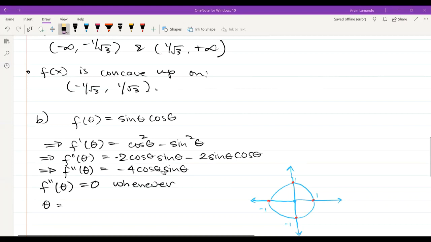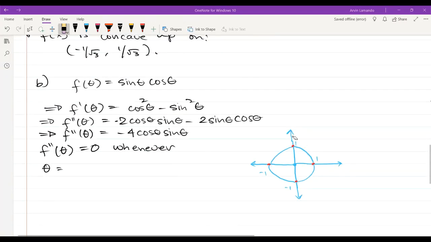And therefore, we find the possible points of inflection of f to be the zeros of f double prime of theta. But the zeros of f double prime of theta are exactly given by the zeros of cosine theta and sine theta.